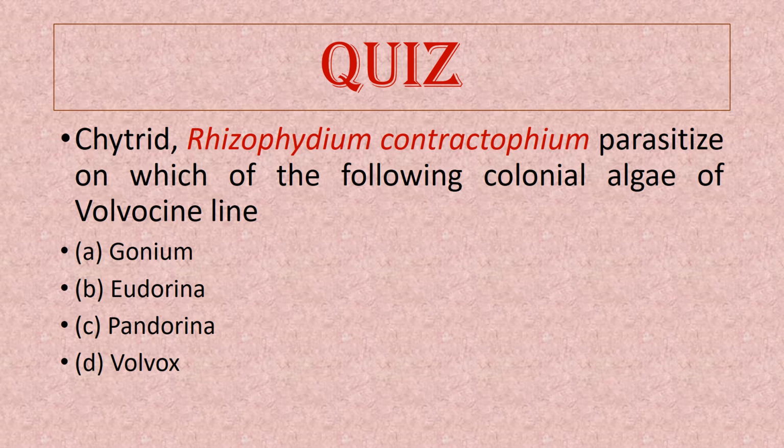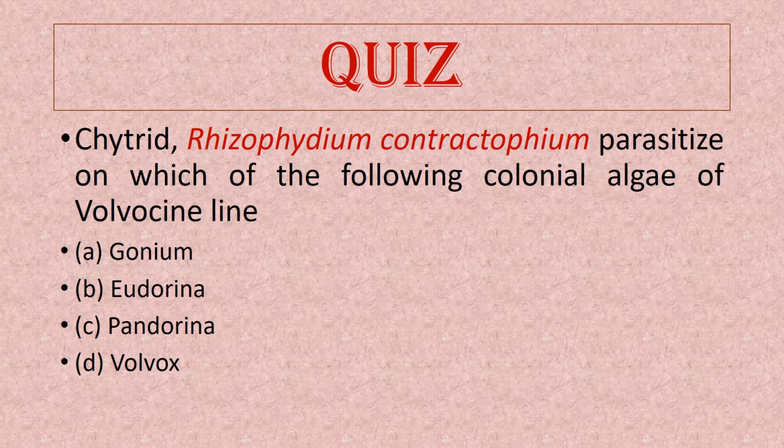All these, Gonium, Eudorina, Pandorina and Volvox, are colonial algae. These are green algae, chlorophytes, belonging to the Volvocine line, that is, the evolutionary line of Volvox.